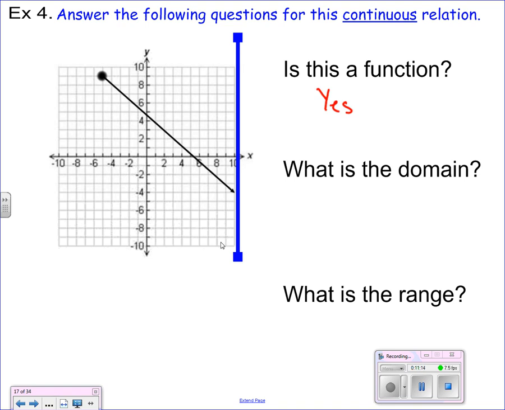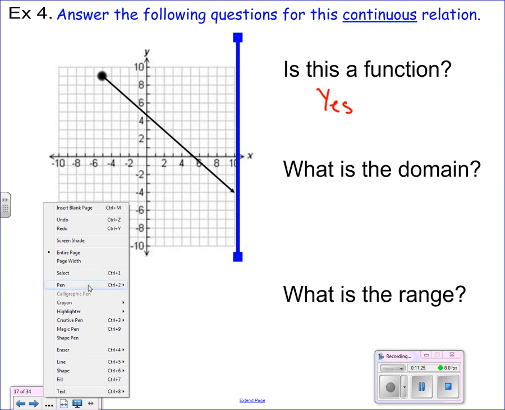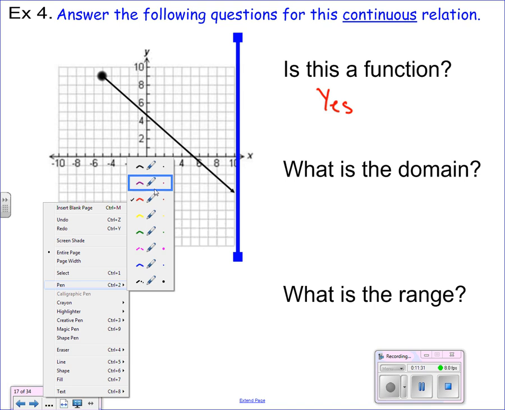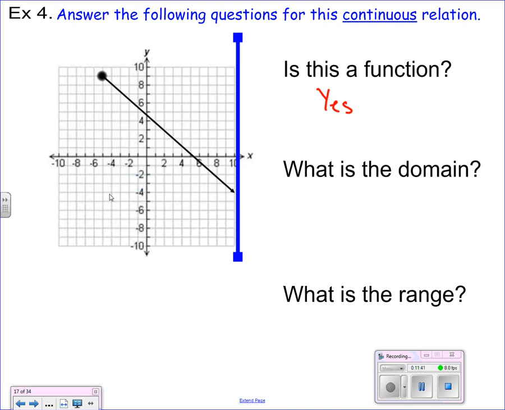So now we've got to state the domain. Since it's continuous, again, you have to use either interval, set, or inequality. Let's start with the domain, and domain is your x-axis, right? So if I had a highlighter, I would highlight the areas, but I'm going to use a different color pen to demonstrate this because my highlighters are not cooperating.